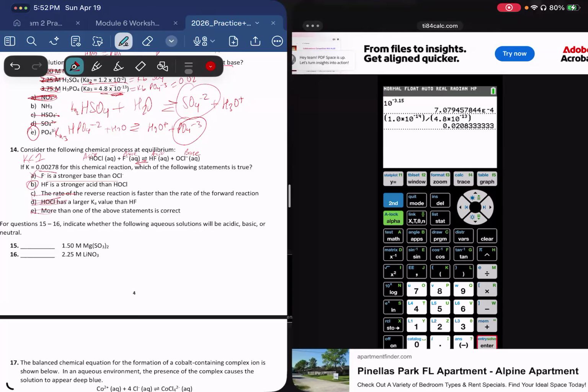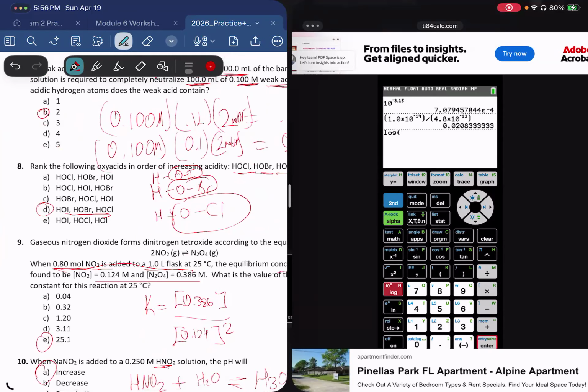Yeah, so I has a bigger atomic radius than Br. That's what I was saying: the bigger the atomic radius, the stronger the acid. So is that just a coincidence in this question, or is that actually a rule that I could use? Well, that doesn't really apply to this question because I has a bigger atomic radius, but it has the weakest acid in this case.